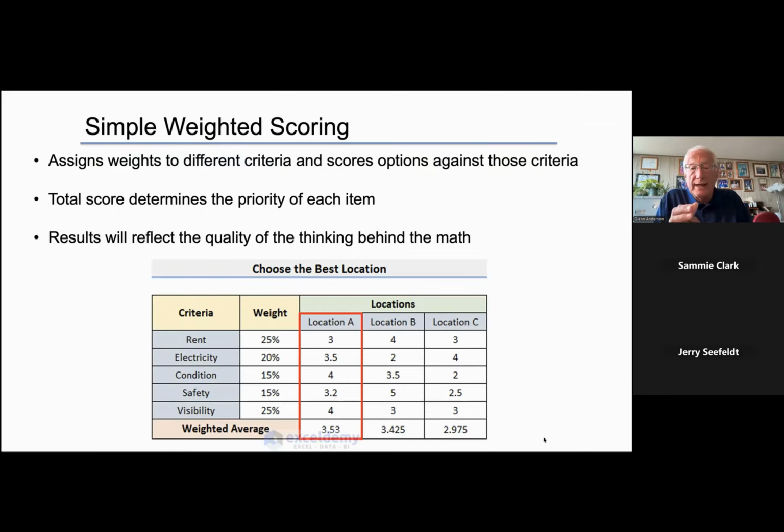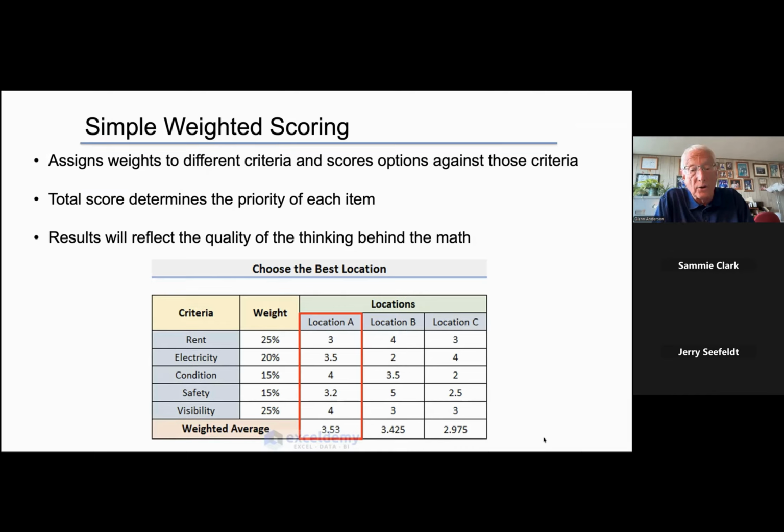So you look at each location and you say, okay, on a scale of 1 to 5, I give location A a 3 for rent. I give location A a 3.5 for electricity, a 4 for condition, etc. And then I use the weight to calculate the weighted average. So 0.25 times 3 plus 0.2 times 3.5 plus 0.15 times 4.